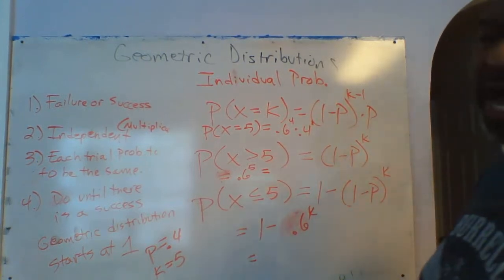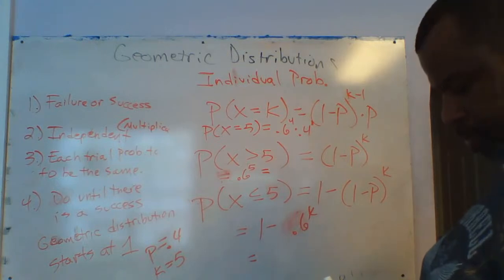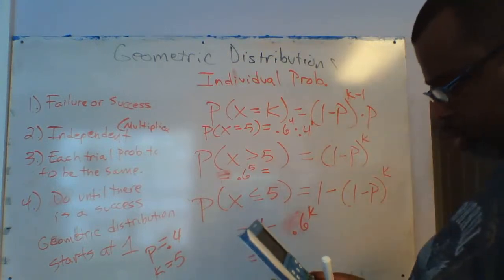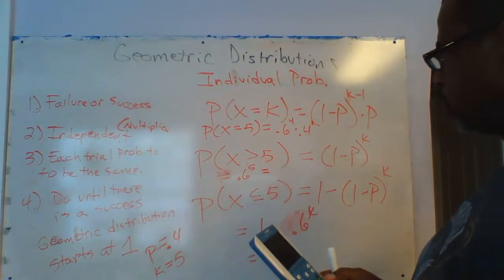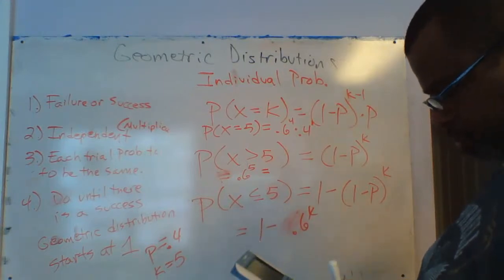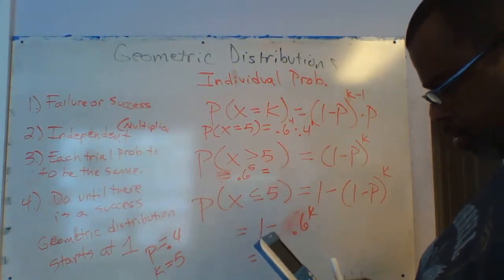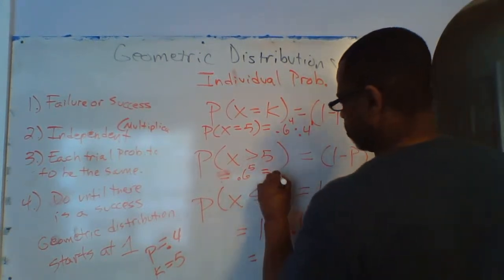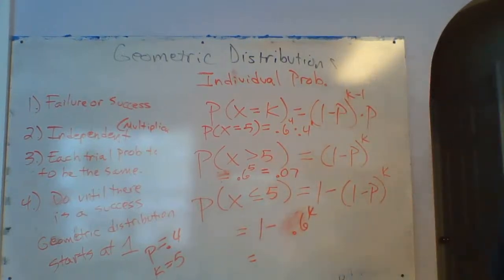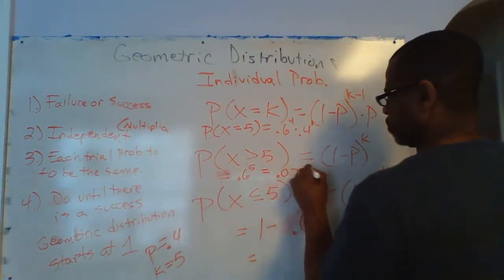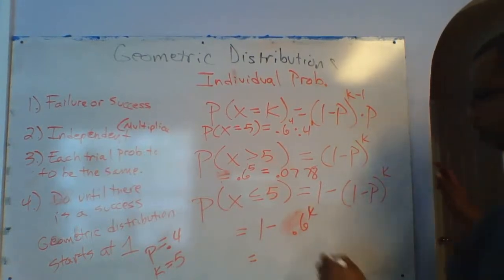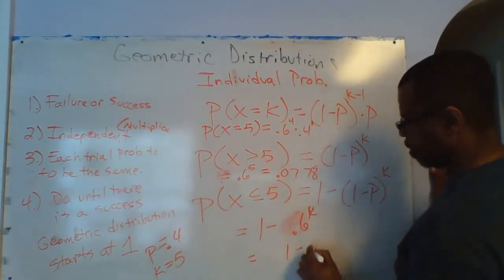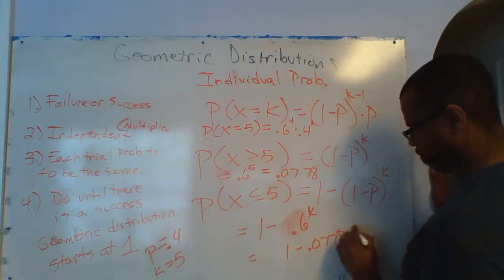And you could check in your calculator to see if this is right. So we do 0.6 raised to the 5th. We should get 0.0778. And then this is simply going to be 1 minus 0.0778.